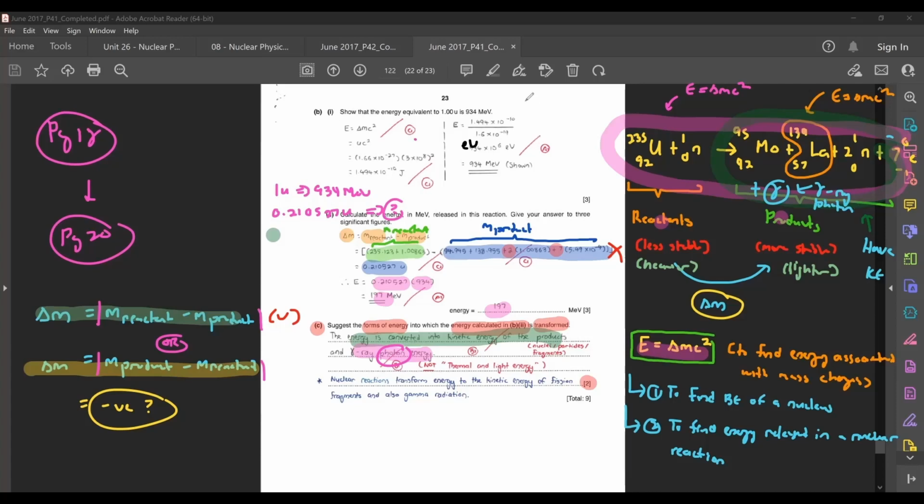All right. Now, if you say thermal or light energy as your answer, this is actually not accepted. Okay, because there's a more specific term for it. Light energy here refers to EM radiation, right? Sorry, light energy here refers to EM wave. EM wave is photon, isn't it? So it's more accurate to say it's photon energy. And then thermal energy actually comes from kinetic energy, right?